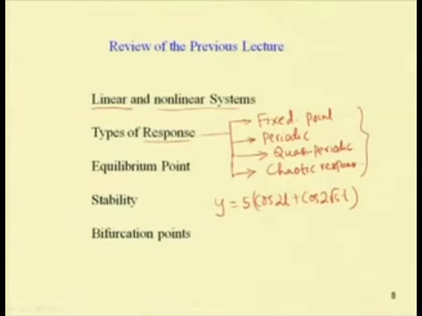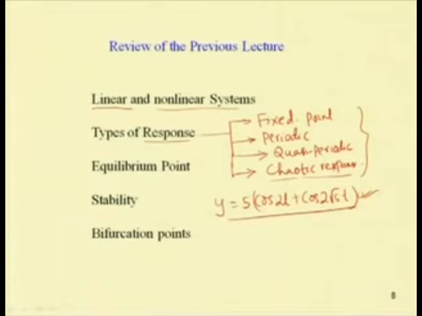The resulting response will be quasi periodic with frequencies 2 and 2 root 5, and the ratio between these two, that is root 5, is an irrational number. Similarly, when the response is neither fixed point, periodic nor quasi periodic, then the response is chaotic. Also we have seen the period doubling route to chaotic response.